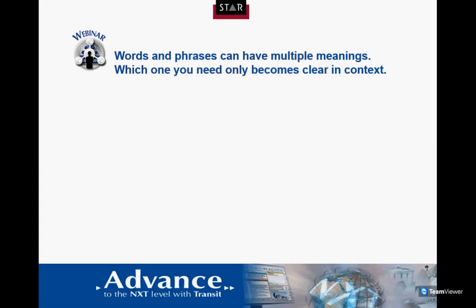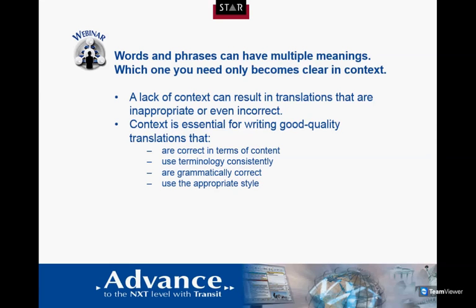Words and phrases can have multiple meanings. Which one you need only becomes clear in context. I suppose you all have seen examples of translations that are inappropriate or even incorrect because they are used in the wrong context.